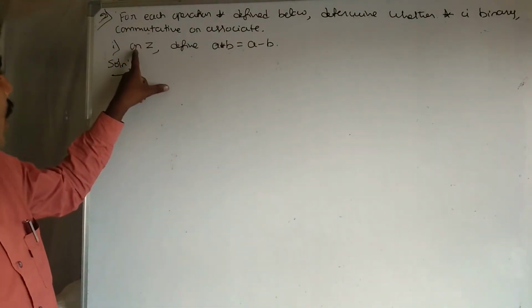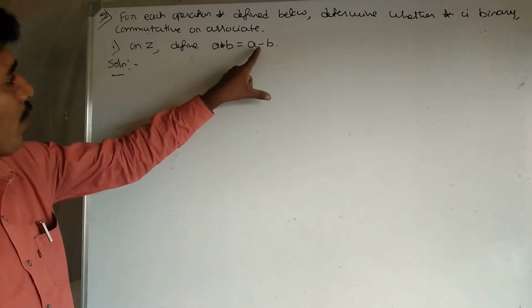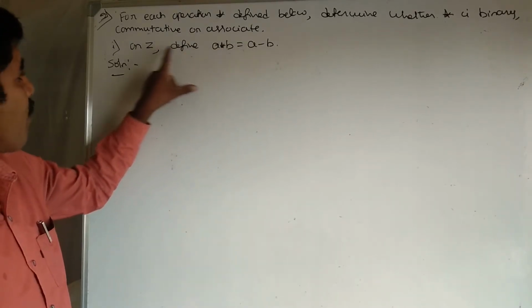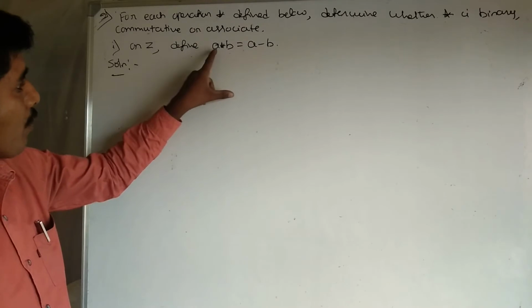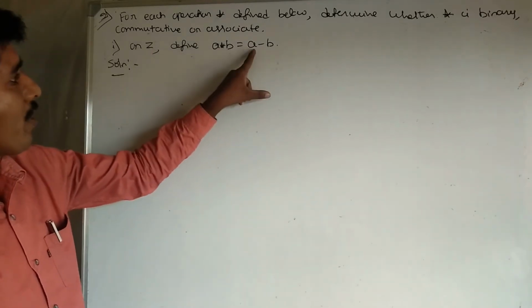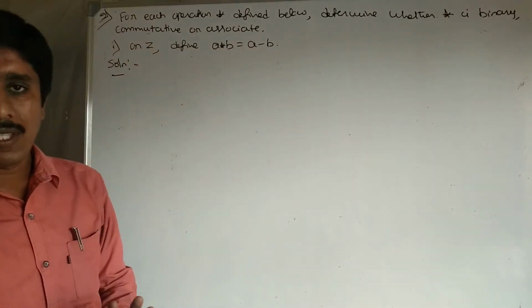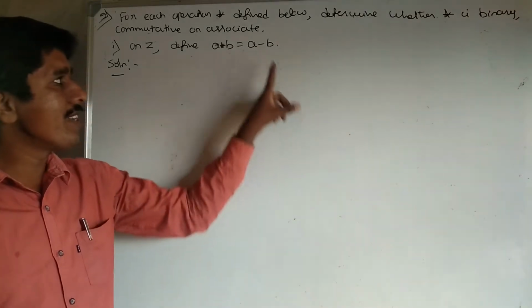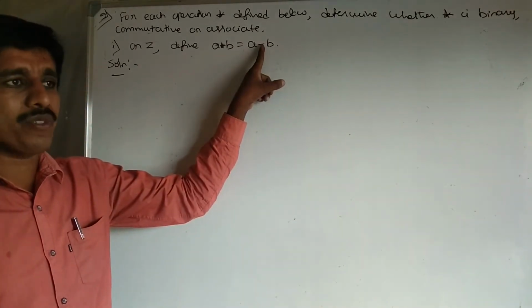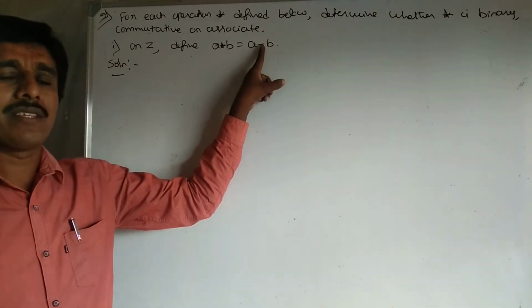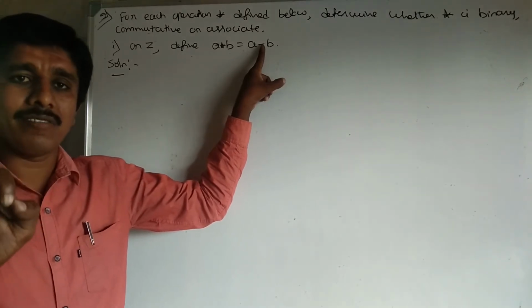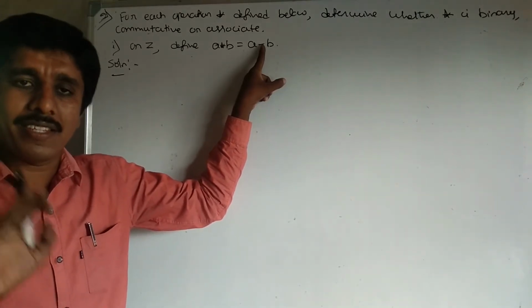Here, first one: define a star b equal to a minus b, which means star is defined on the set of all integers. Here both a and b are integers. Then what about a minus b? Subtraction is a binary operation: the difference of any two integers is again an integer.